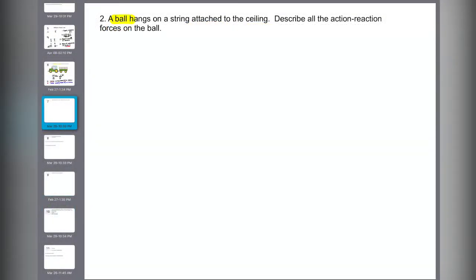Now we're talking about a ball hanging on a string attached to the ceiling, and we want to describe all the action and reaction forces. It is helpful to first draw the free body diagram of the object. I have a ball with an FG acting on it and an FT acting on it, which is the force of tension along the rope.